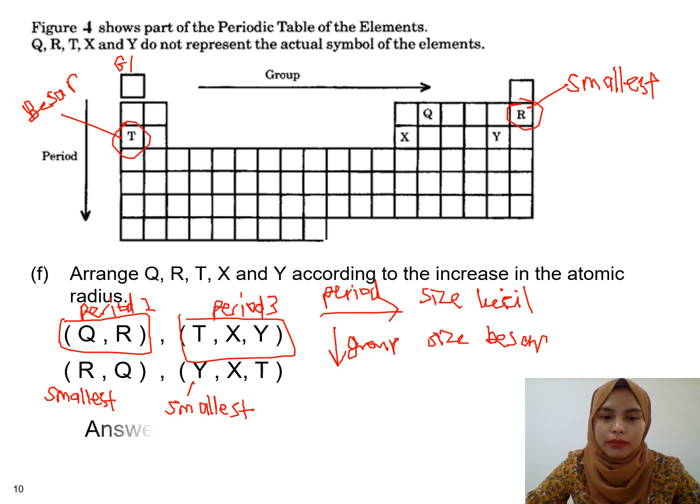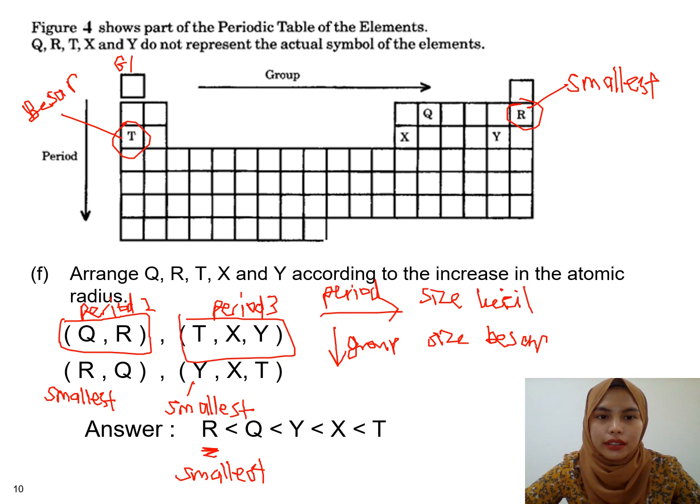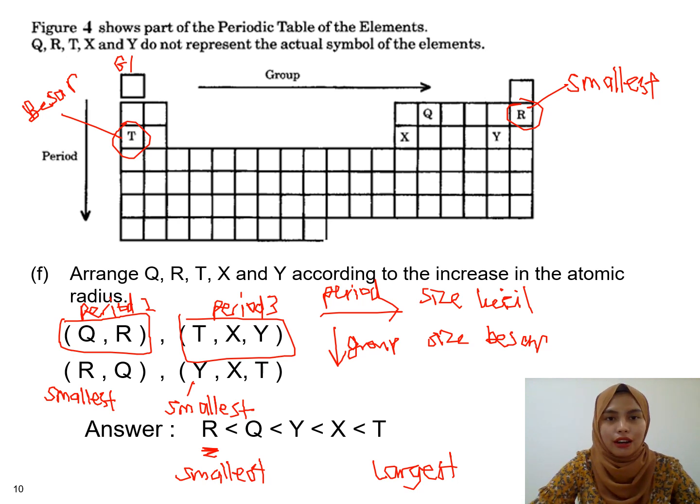Okay, lepas tu bila you nak susun semua, you tahu R is the smallest and then T is the largest, right? Lepas tu you susun R, Q and then turun bawah Y, X, T. Okay, that's how you do soalan 3.2 on part 1 ataupun in syllabus dalam learning outcomes in part A.